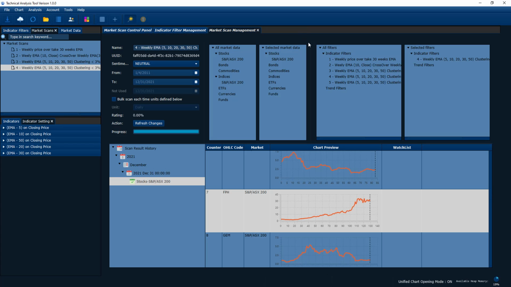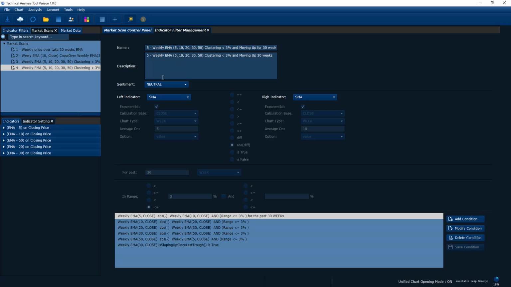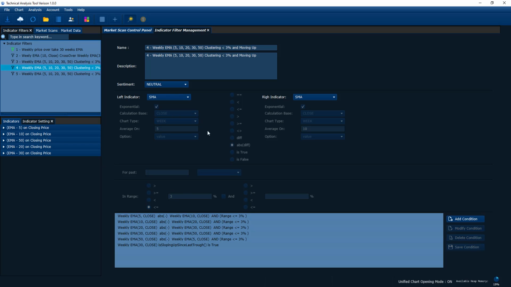Let's just apply a market scan. But before I do, I need to finish up these settings. So the first one looks exactly the same as the previous one, but let's add the duration, for the past 30 weeks.